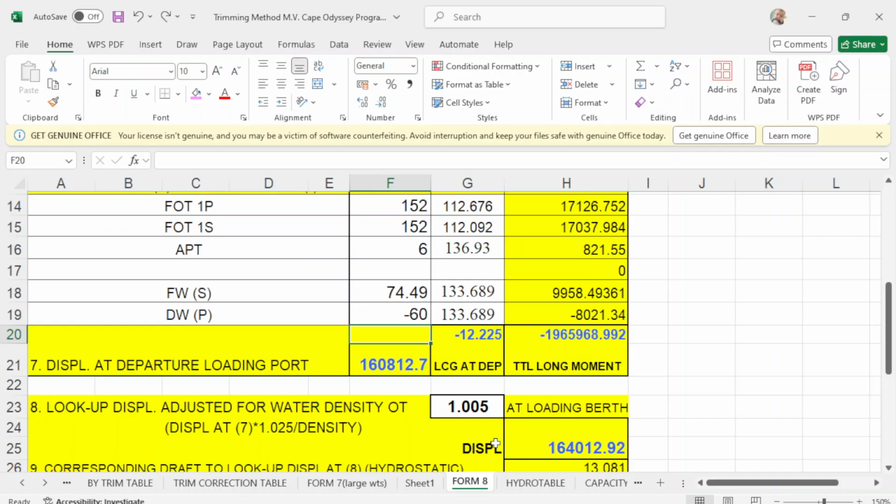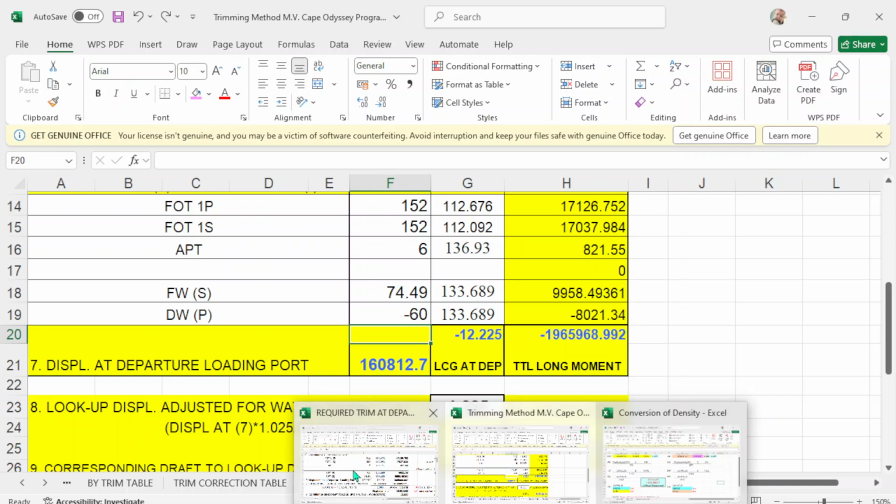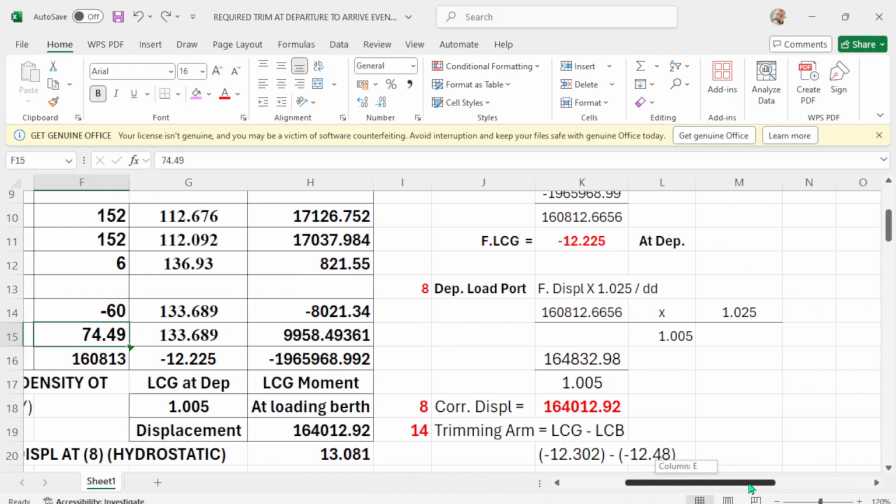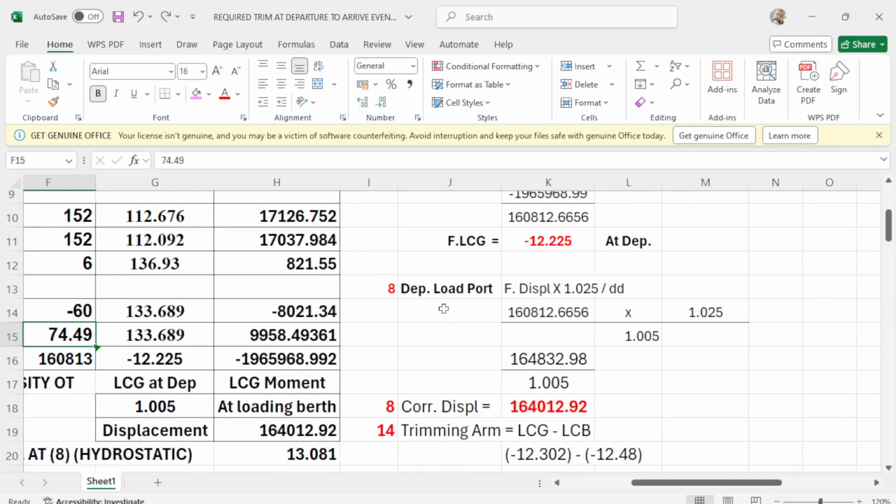With this, what will be your displacement at departure berth or loading berth? So the formula, number 8: load port final displacement, which is 160813, times your saltwater density over your local density.